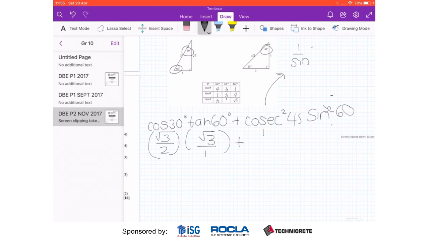So cosec 45 is going to be 1 over sine, and sine is opposite over hypotenuse, so 1 over root 2, so it's going to be root 2. And remember that that is still squared. And then we've got the sine squared 60. So sine is opposite over hypotenuse, so it's going to be root 3 over 2 squared.